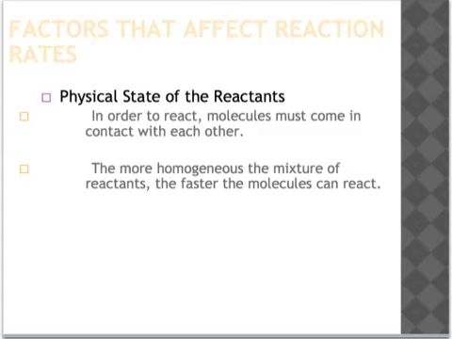They have to come at each other not only with enough energy to break bonds and make new bonds, but also in the correct orientation. Molecules have to bounce off each other in just the right manner, and with enough energy, for a chemical reaction to occur. So, the more homogeneous a mixture of reactants, the faster the molecules can react.